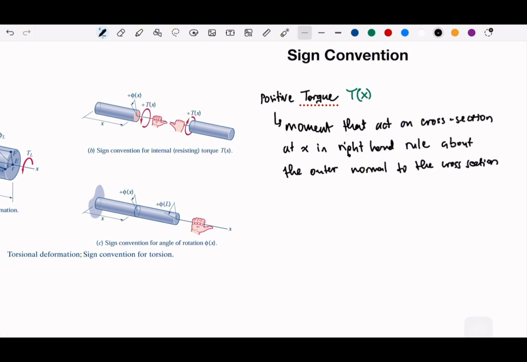Just like moment, when you cut, you have a moment here and a moment there. But in this way, we are having the torque in terms of the circular bar. Okay? And then another thing is the positive angle of rotation, where we are using psi.